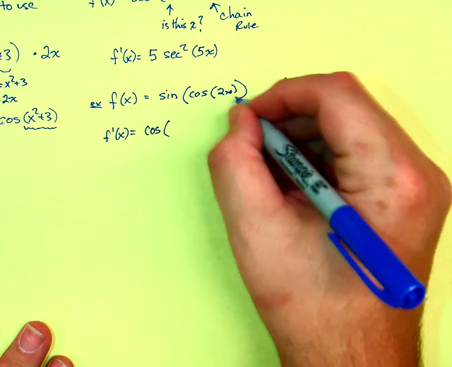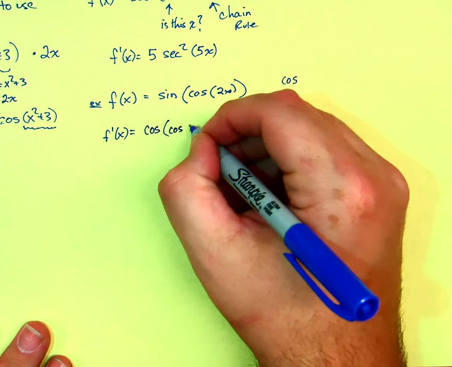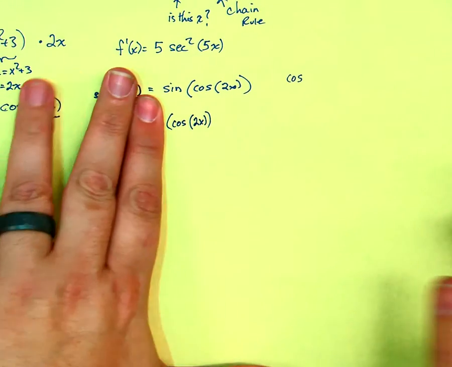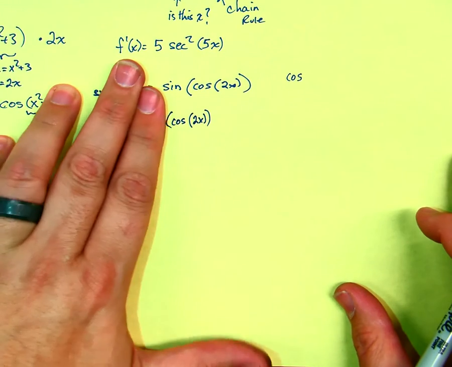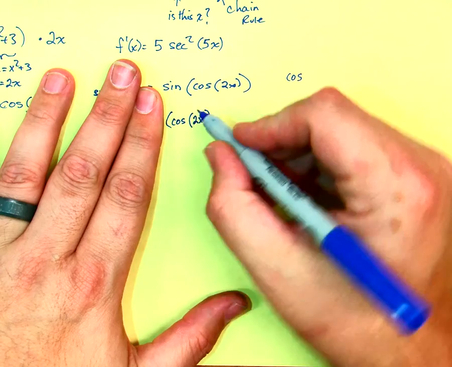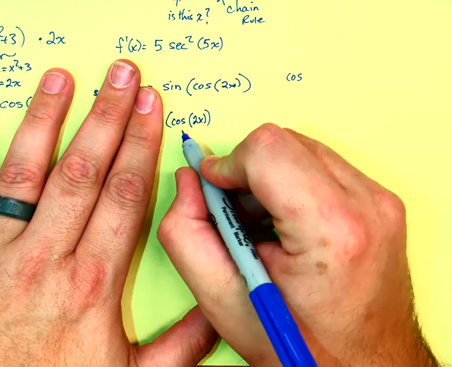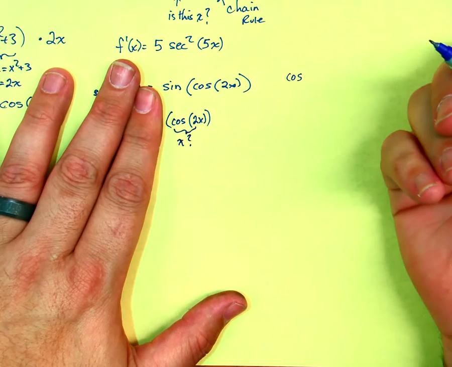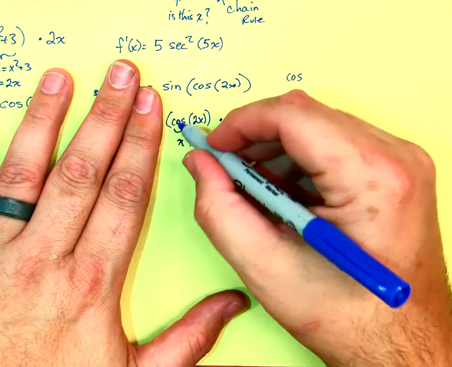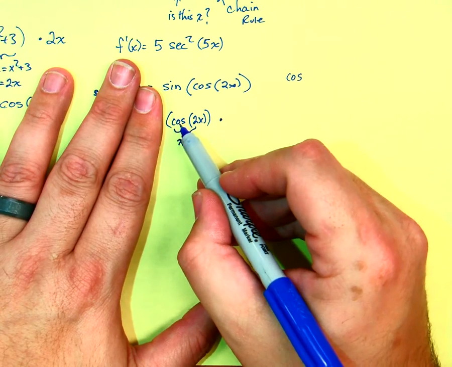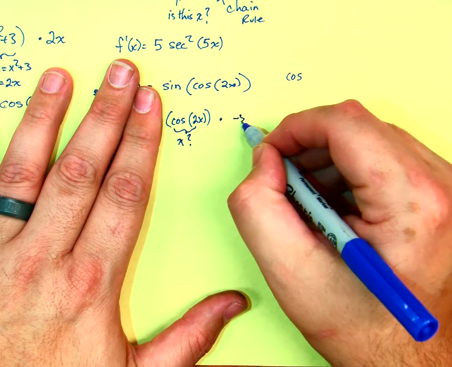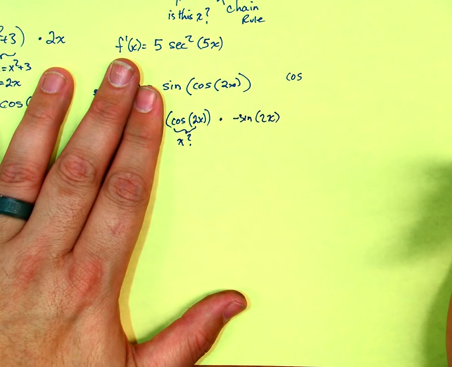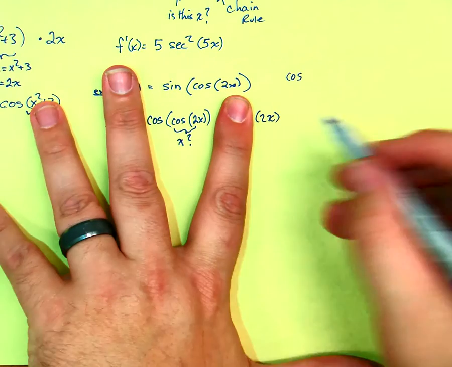Now, you cover up the original cosine, and you say, all right, is that x? Chain rule. So what's the derivative of the cosine? It would be negative sine of 2x. And then you cover up the negative sign and you say, is this x? So we have to multiply by the derivative of 2x, which is 2.